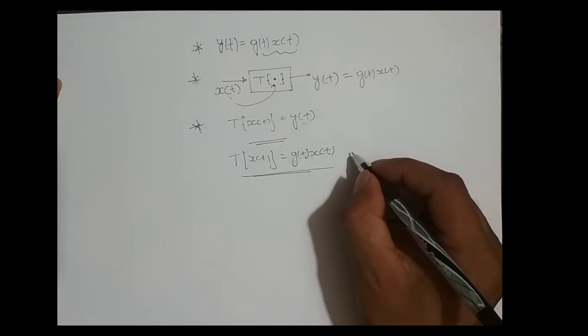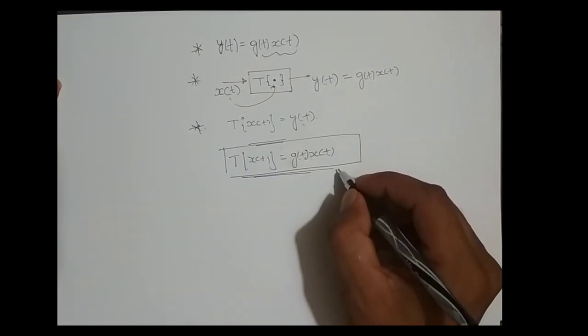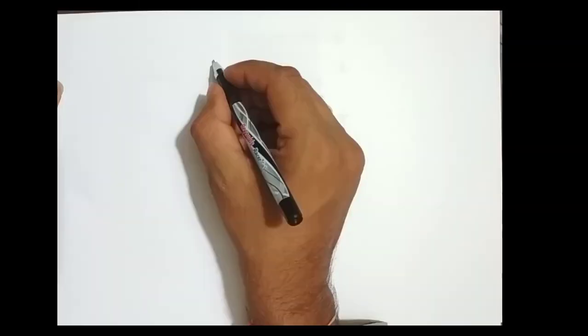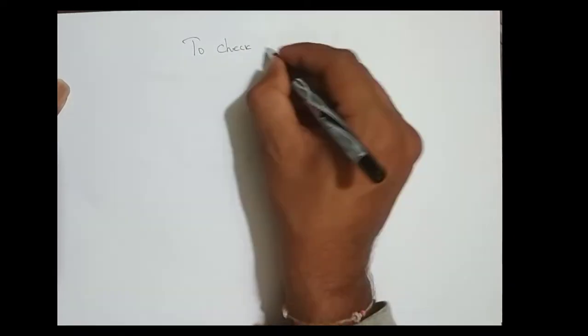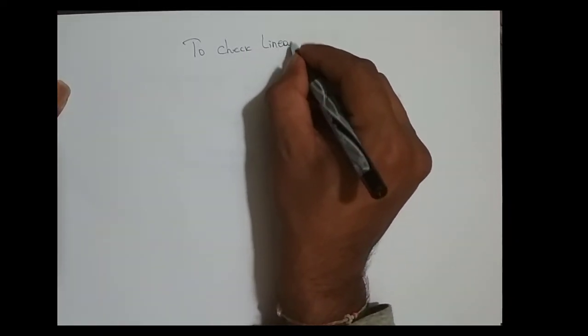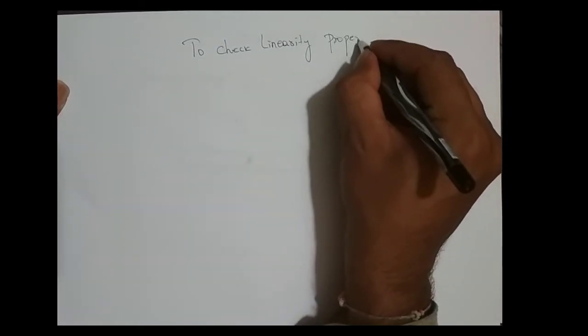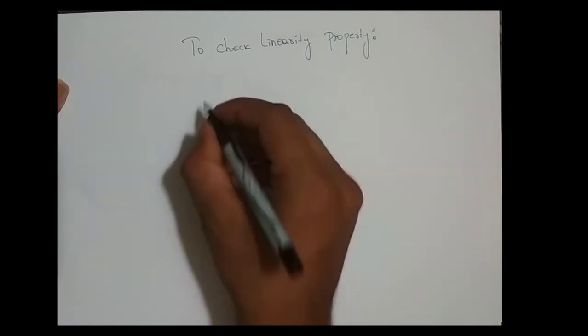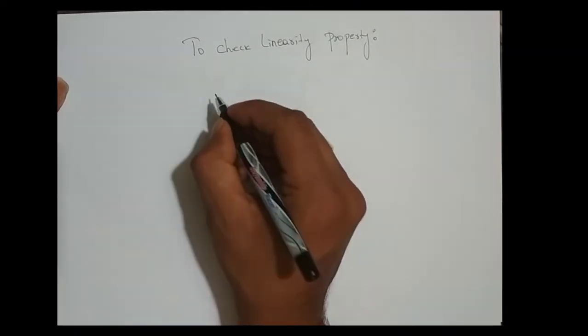Most of the time we use this equation to check for the linearity property of a system. Fine. To check the linearity property, we need to get two outputs.